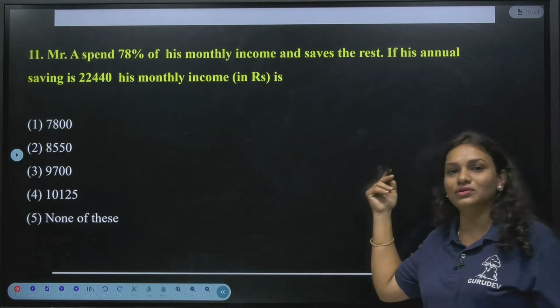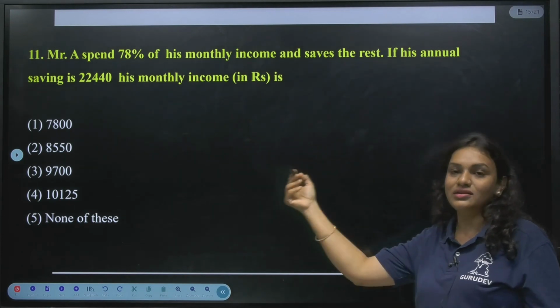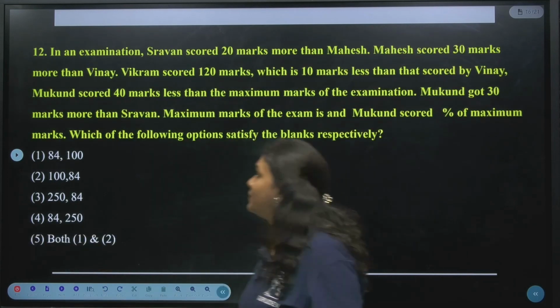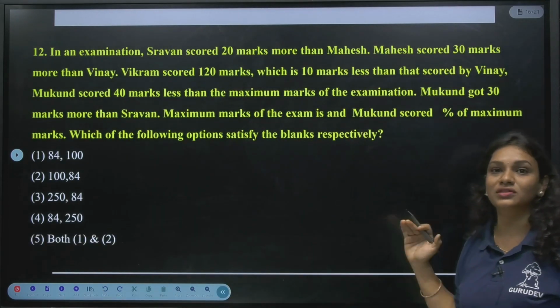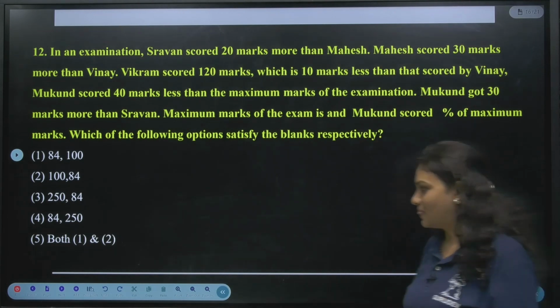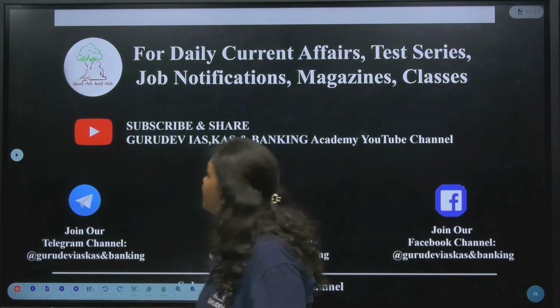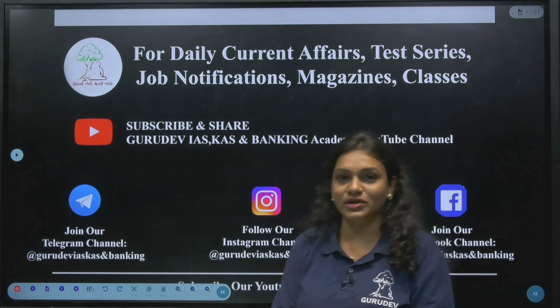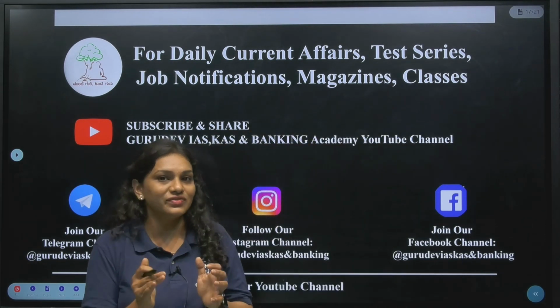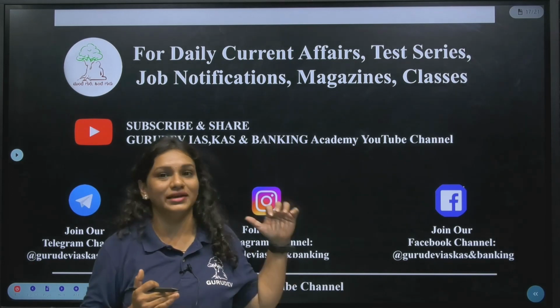Try to understand and practice based on the concept we have learned. Similarly, the next question is based on marks. Try to analyze the question and practice this. Just revise the concepts we learned in today's session once again, and based on that, practice the questions.